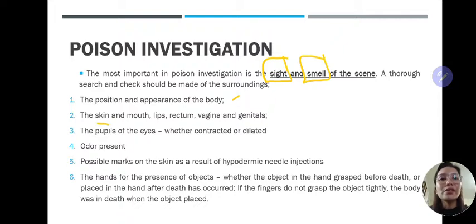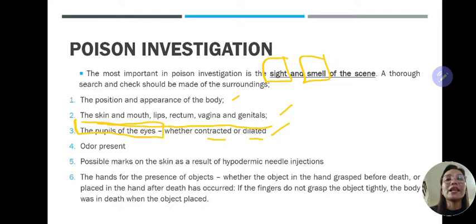Skin and mouth, lips, rectum, vagina, and the genitals should also be noted. The pupils of the eyes. This also says something about if a person has been poisoned. So, titingnan natin it is contracted or dilated.